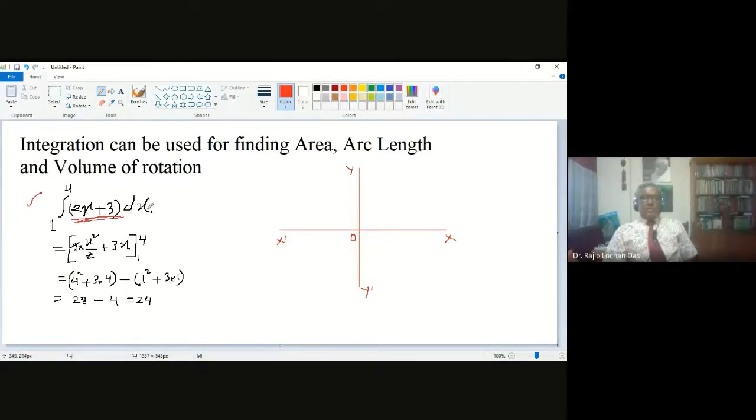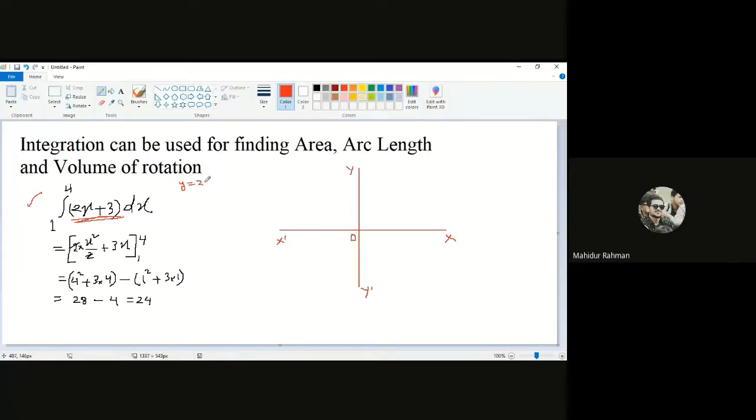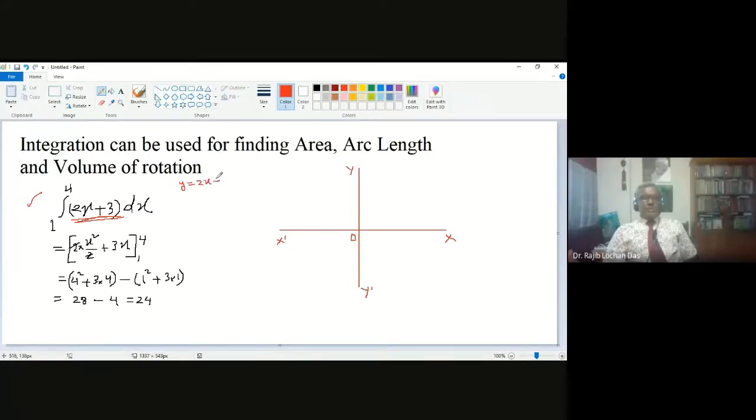So if you think that y equals 2x plus 3 is my function, and if you draw this graph, what will be the shape of the graph? Can anyone tell me what will be the shape of the graph for this one?